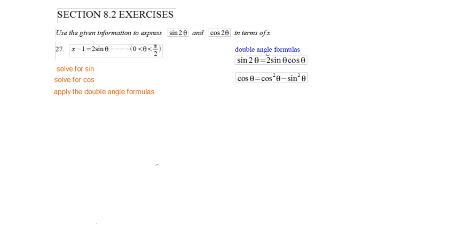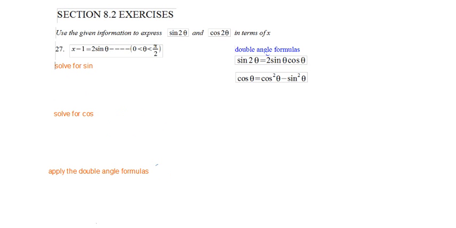I'm going to move these steps right over here. So first, I'm going to solve for sine. And from the given information, you can see very easily that sine is actually equal to x minus 1 divided by 2. Now, to solve for cosine, we use the identity sine square plus cosine square equals 1.